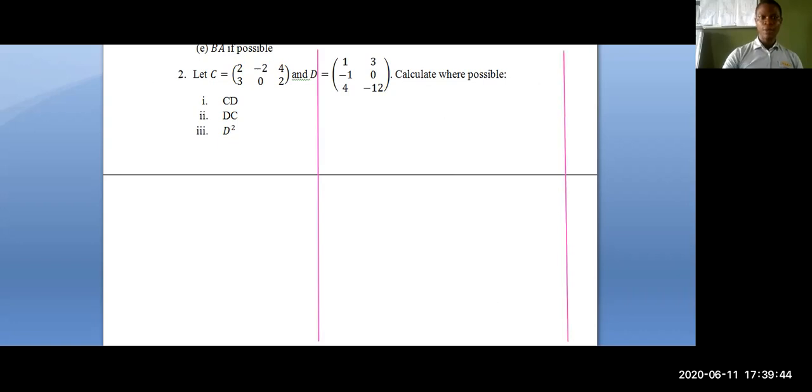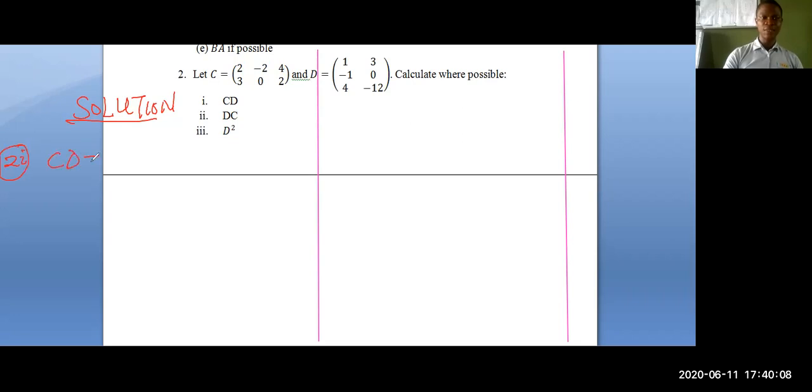All right, so here we are. Solution. We are told that B equals this and this equals this. Calculate where possible. We're asking where possible because it might not be possible at all instances. So let's look at 2i to see whether it is possible.